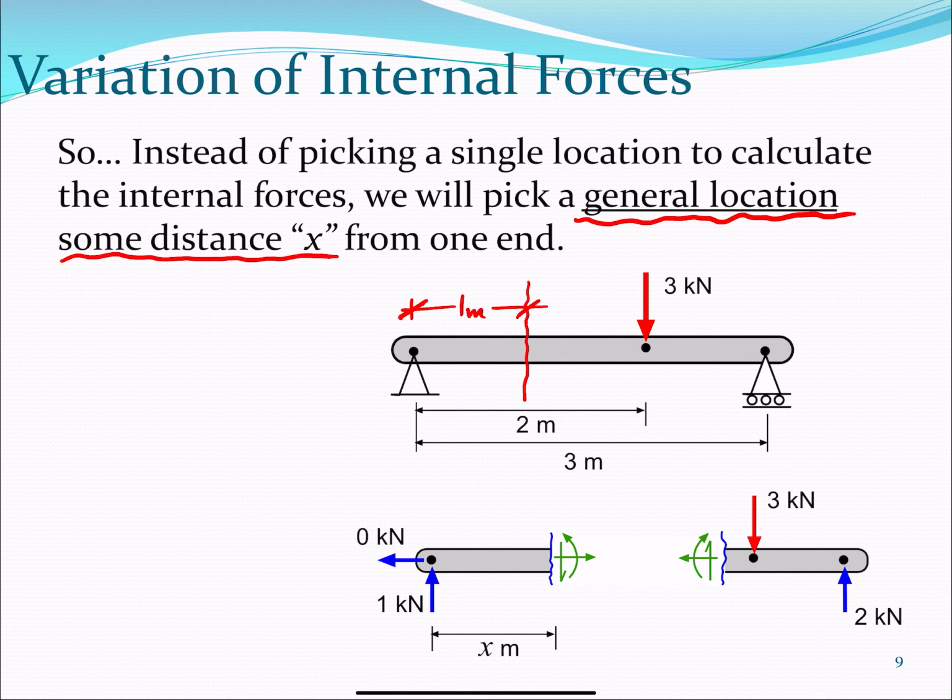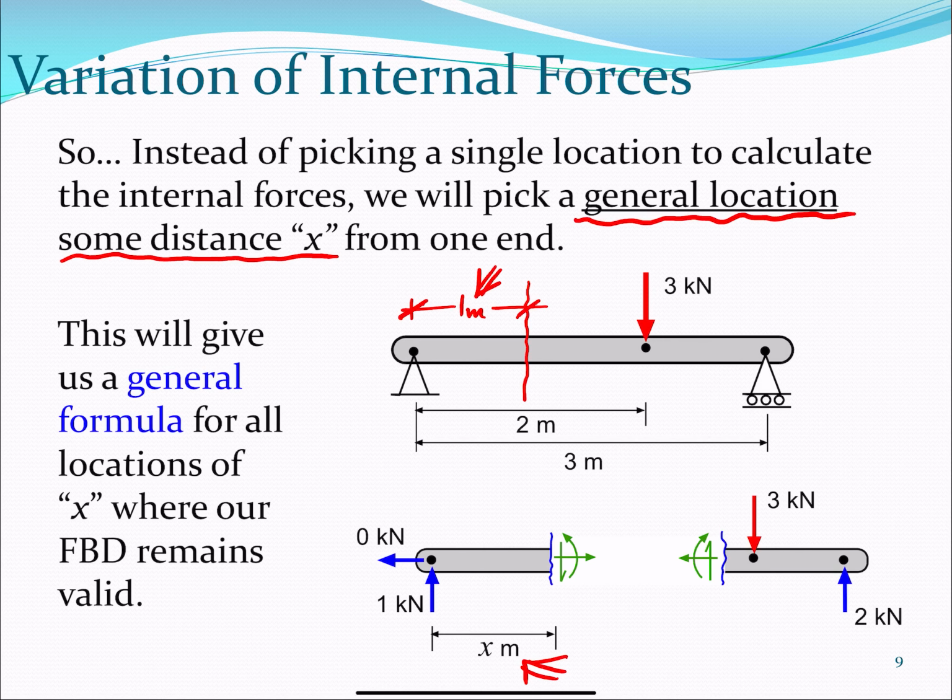So spoiler alert, we will do exactly the same process, but instead of one specific distance, we will do it for a general location x. We'll expose the internal forces, and then we apply the equilibrium equations, and what we will get are internal forces, but they will be in terms of x.